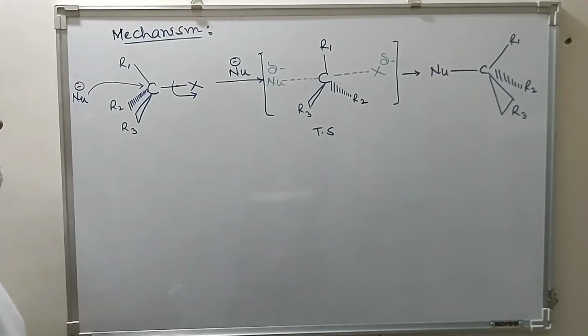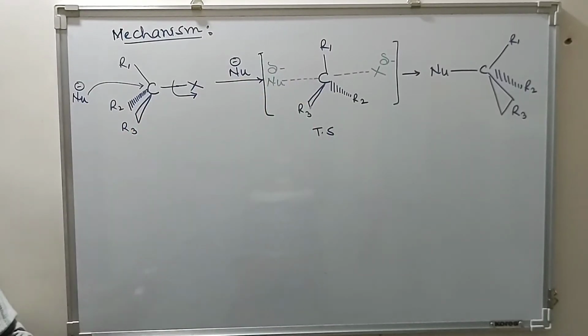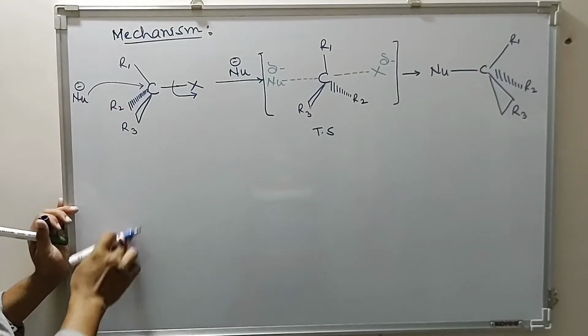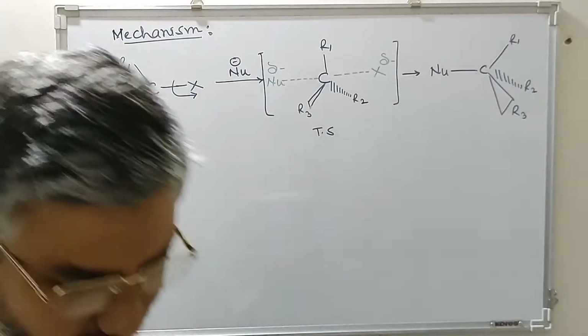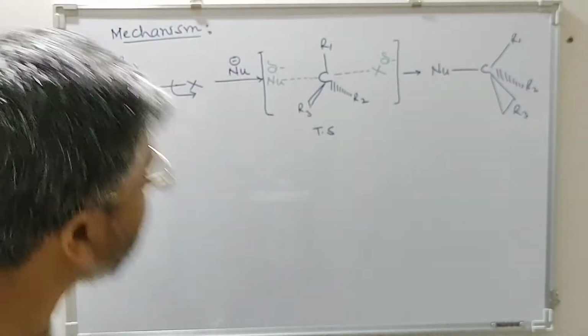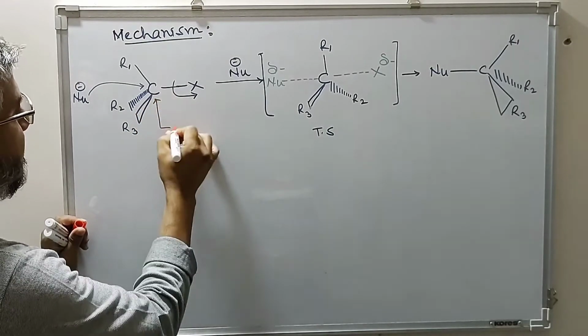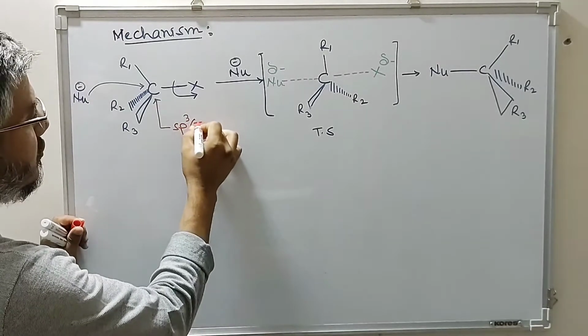Now let's go to the important features that we have discussed in SN2. Now look at this. Before this, the starting carbon, this carbon is having sp3 hybridization. So this carbon is sp3 and this is tetrahedral.